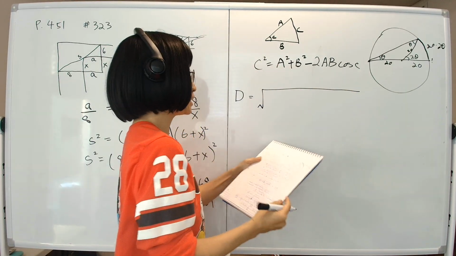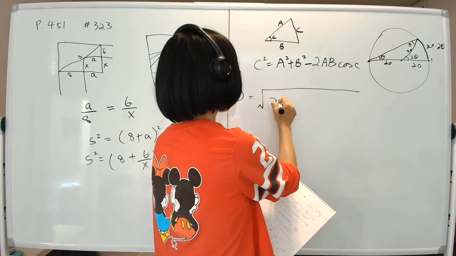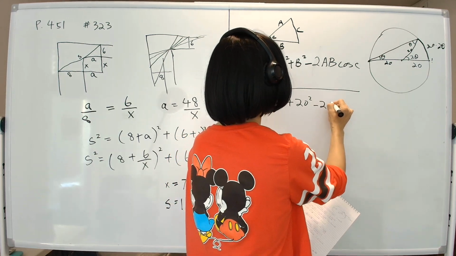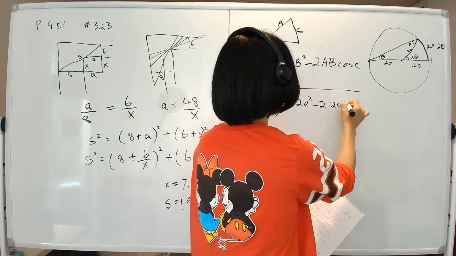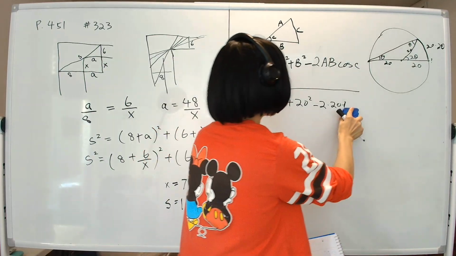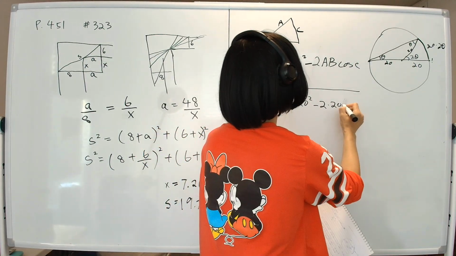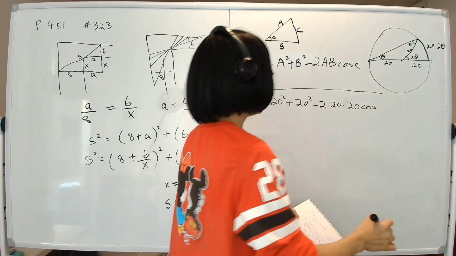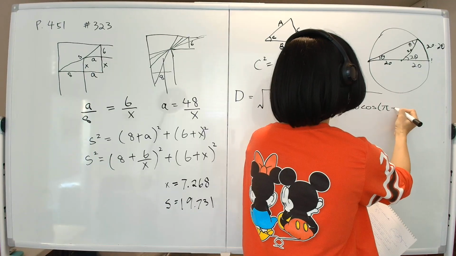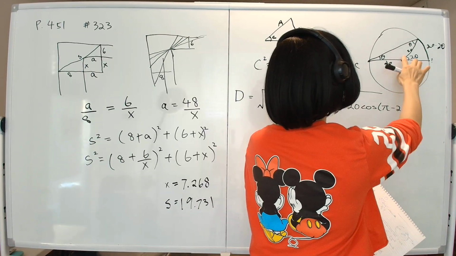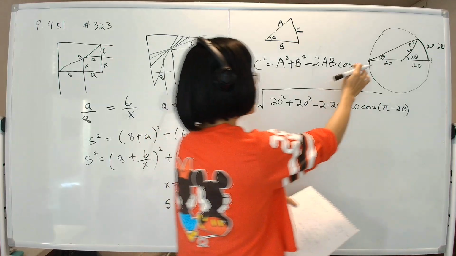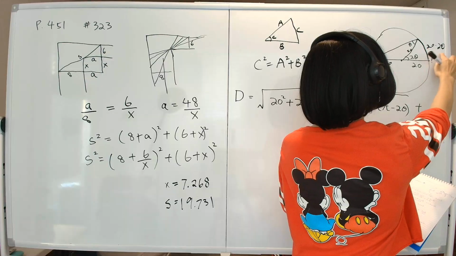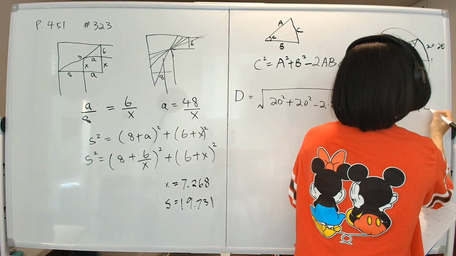So I'll take the square root of a squared, which is 20 squared, plus b squared, which is also 20 squared, minus 2 times a times b, which are both 20, times 20, times the cosine of the angle, which is pi minus 2 theta. Pi is 180 degrees. Okay, that angle right here. So that is the straight stretch. And then plus the 20 times 2 theta here, which is that part, 40 theta over here.